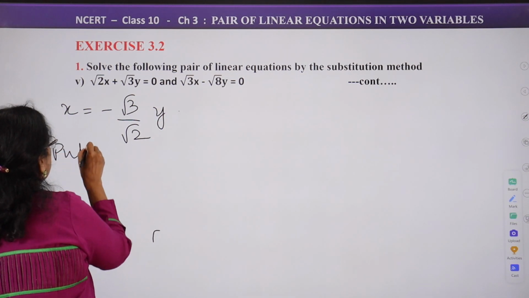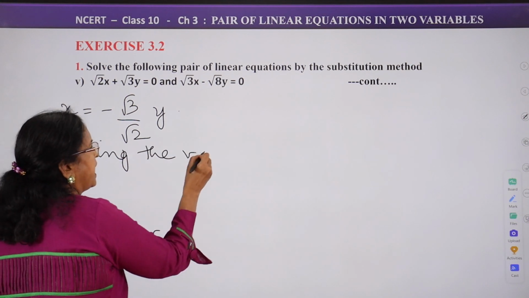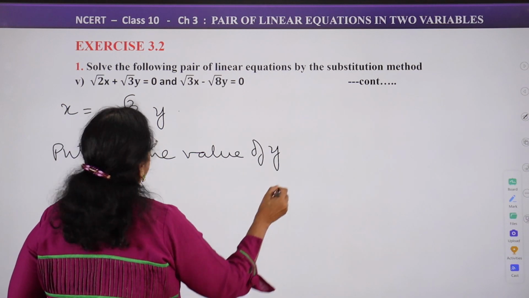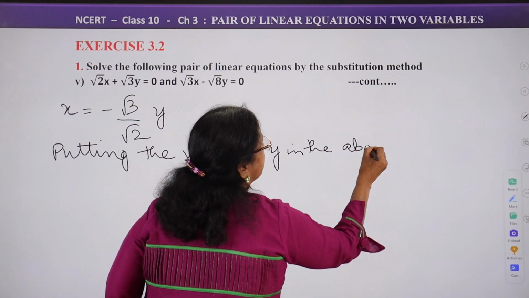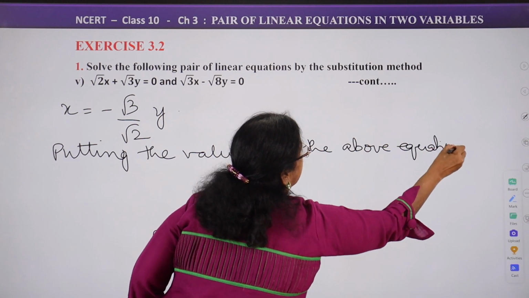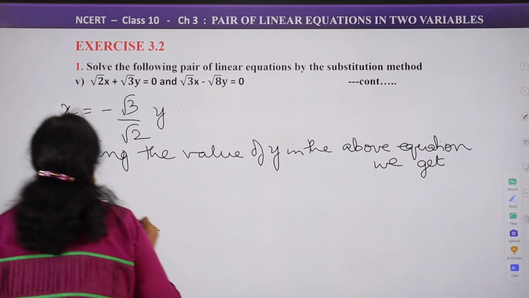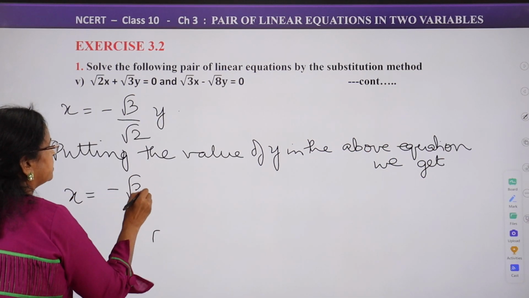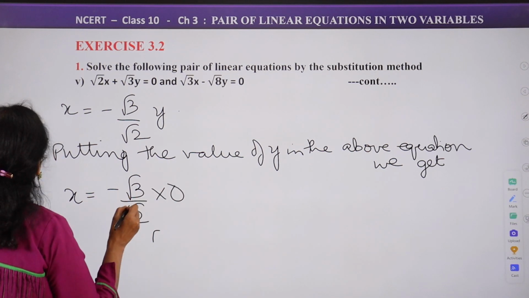Putting the value of y in the above equation, we get x is equal to minus root 3 by root 2 into 0.